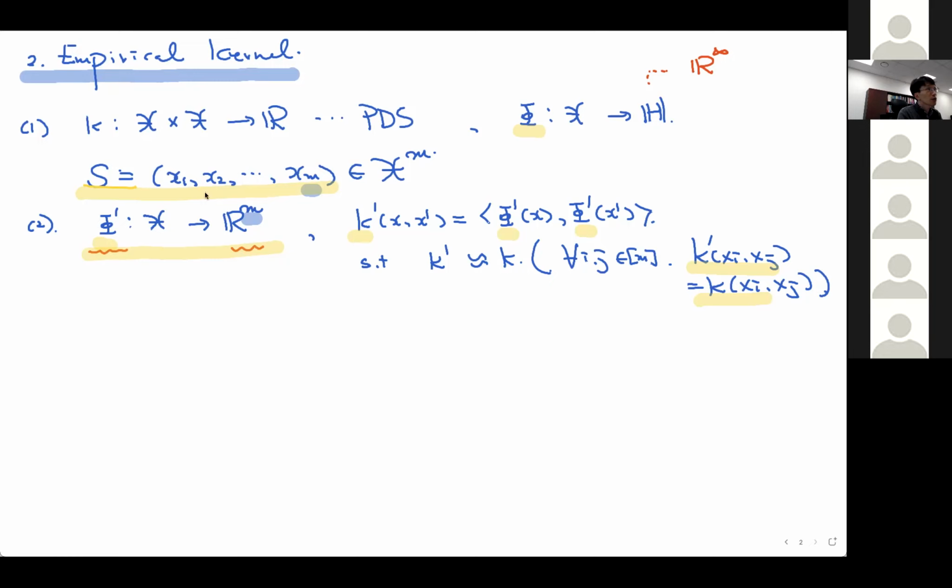So how to do this? One way is to define this phi prime as a vector, which is constructed by applying k between the input x and all the examples in the sample.